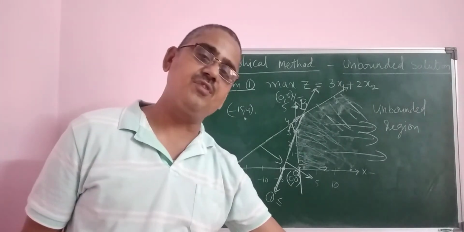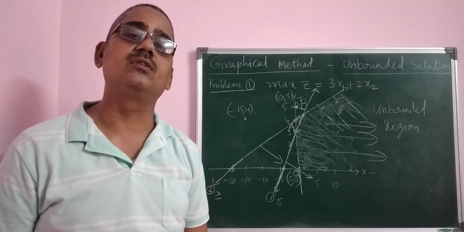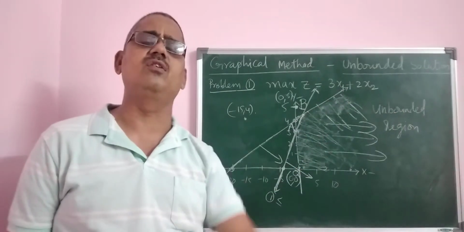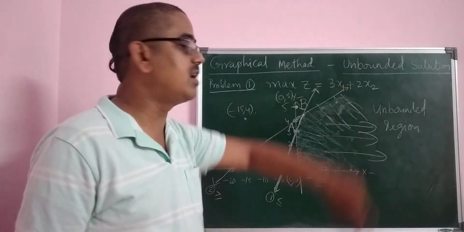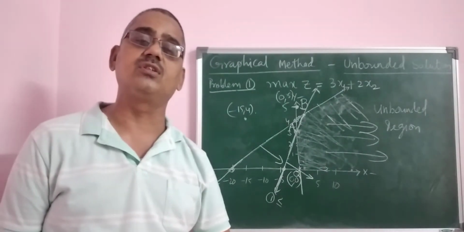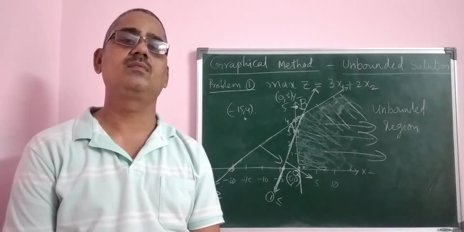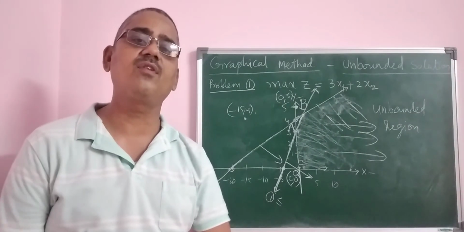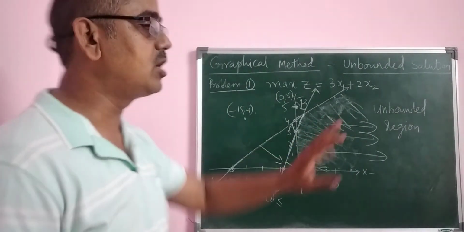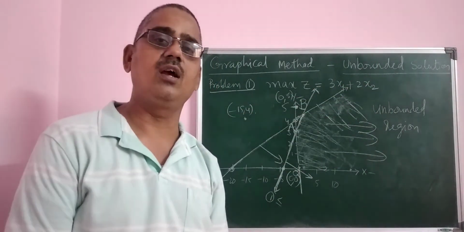The definition: if the value of z increases indefinitely or decreases indefinitely, for example, for minus 3x1 minus 2x2 it decreases, such a solution is called an unbounded solution. This is the solution of this problem. This is one special or exceptional case in the graphical method: the unbounded solution.